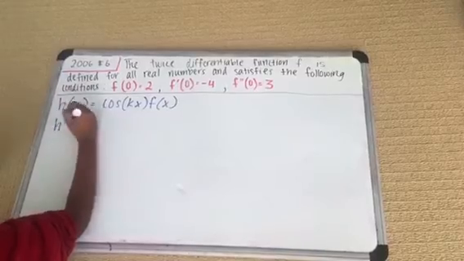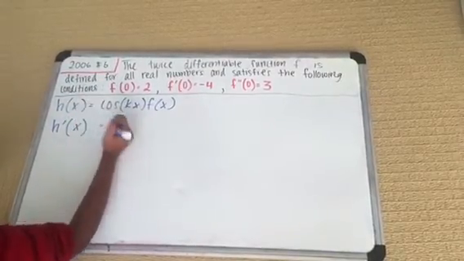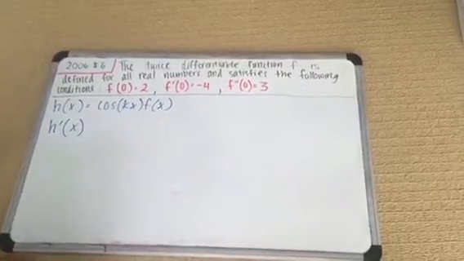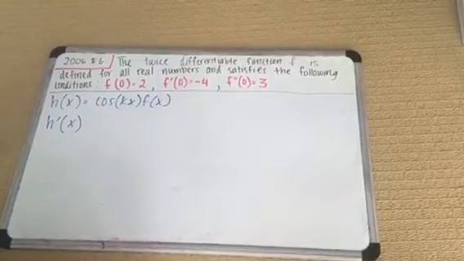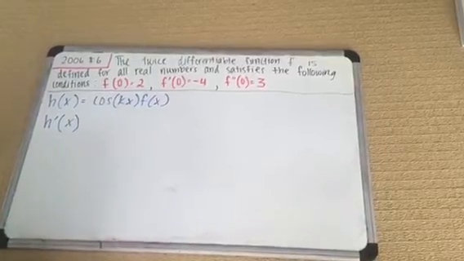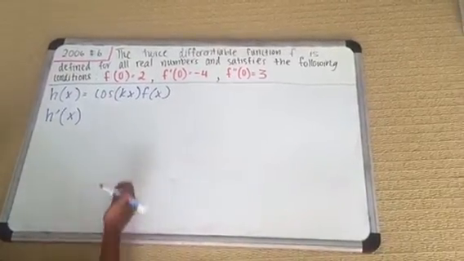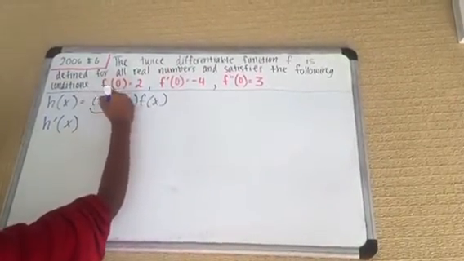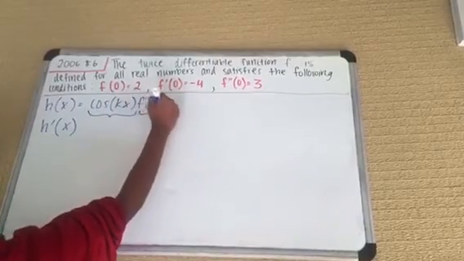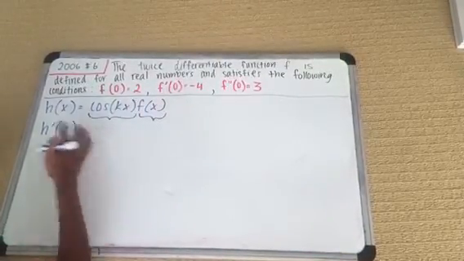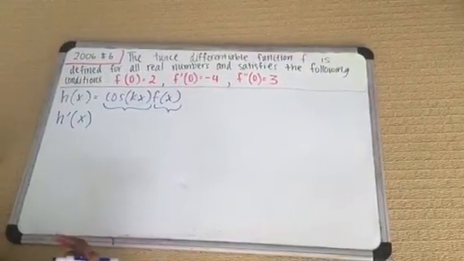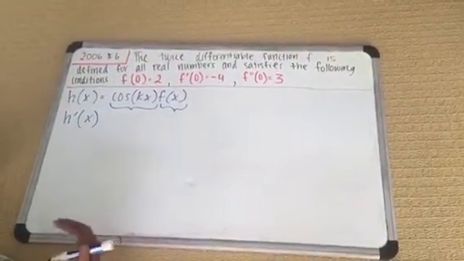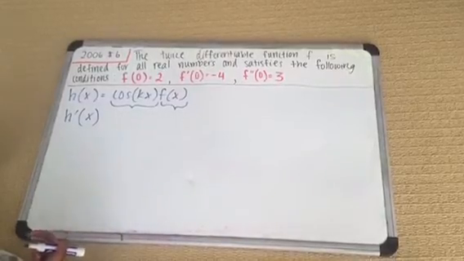Since h of x isn't adding up different terms, it's a compound term, so we have to use the product rule to find the derivative. So first, since this is one term and this is another term, we would find the derivative of the first term and times it by the second term, and then add that to the first term times the derivative of the second term.